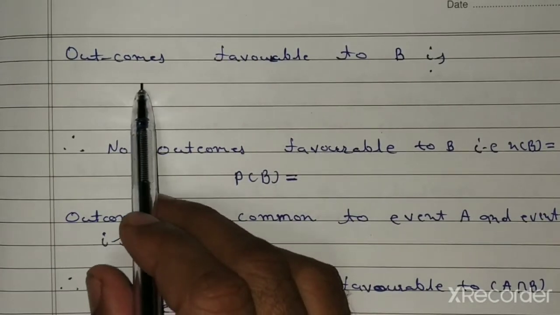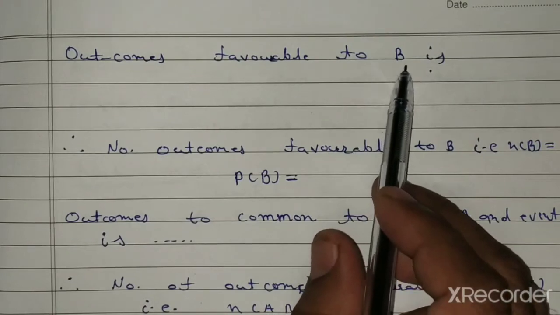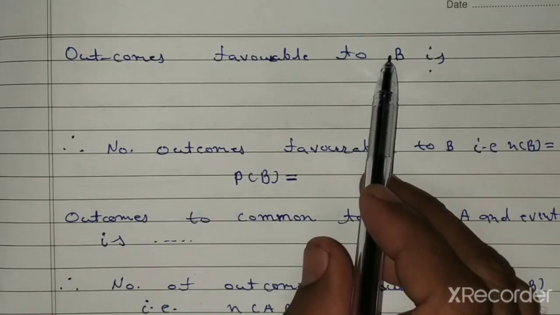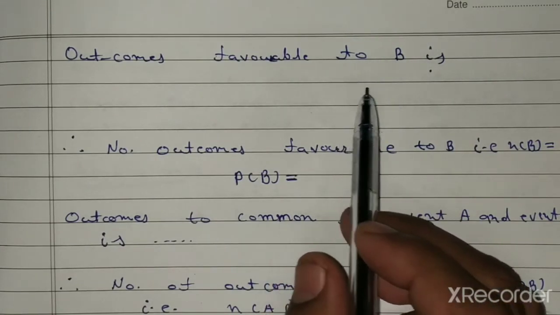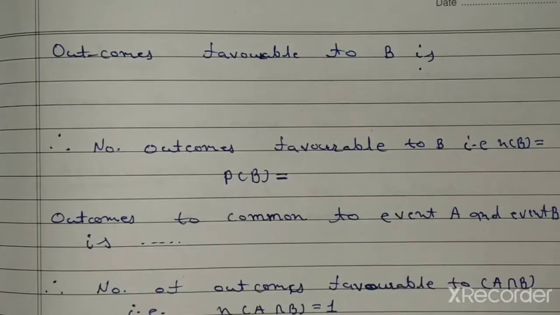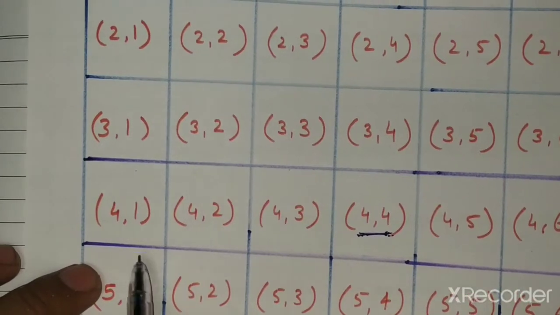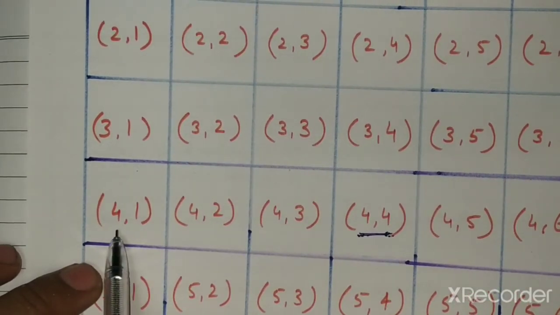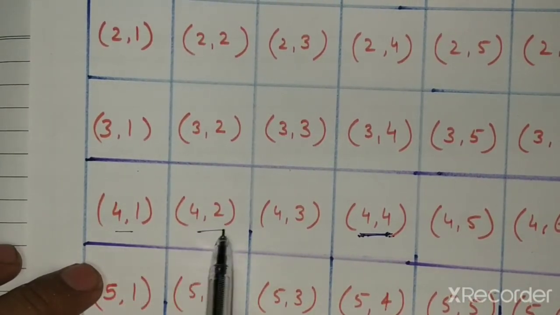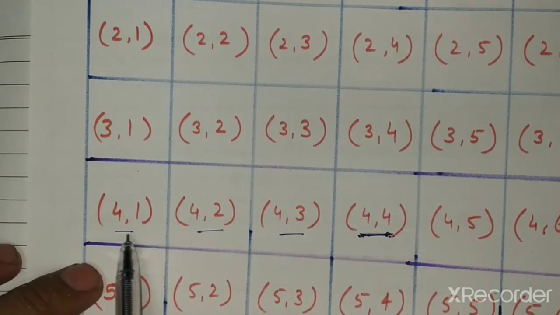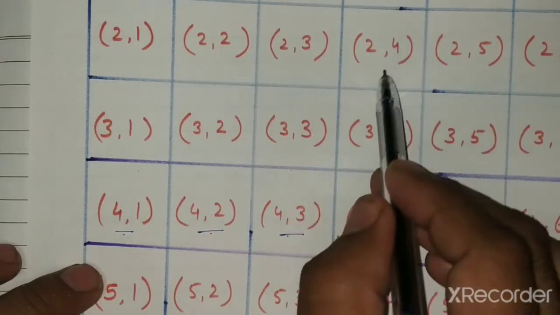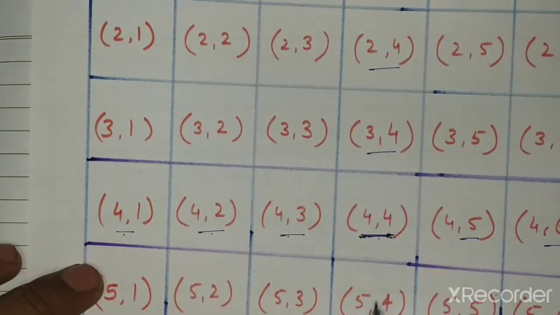Now outcomes favorable to B, where B is that 4 appears on one of the dice. That means 4 1, 4 2, 4 3, 4 4, 4 5, 4 6 and 1 4, 2 4, 3 4, 5 4, 6 4.